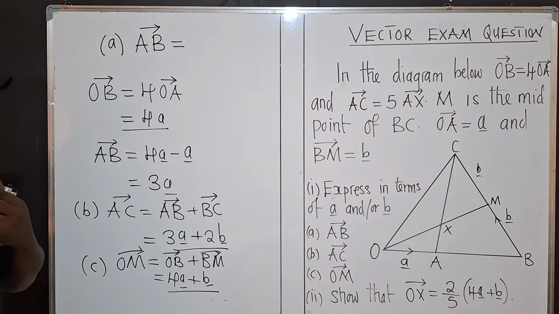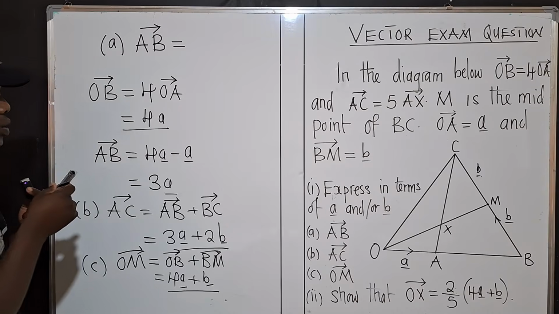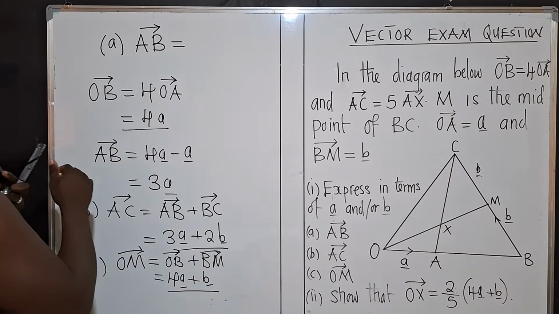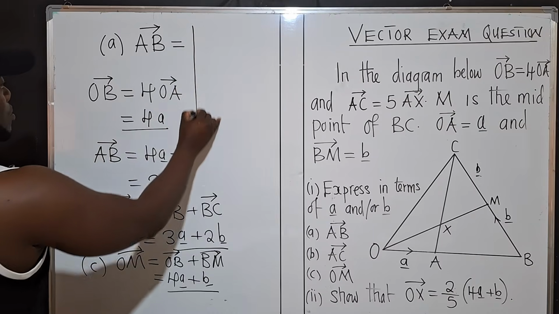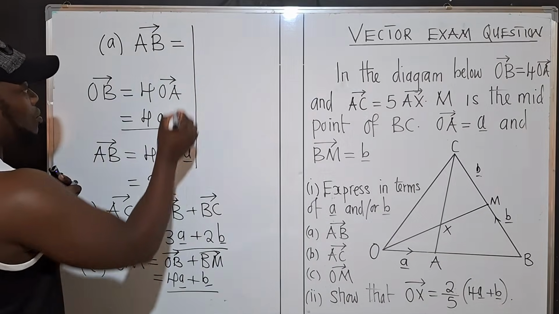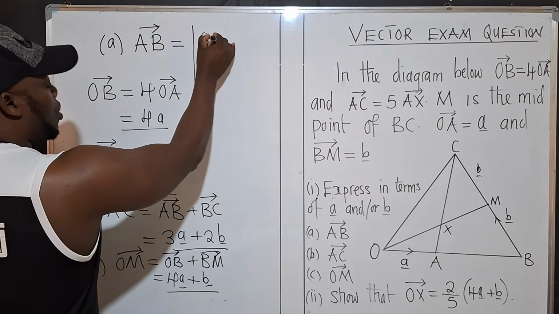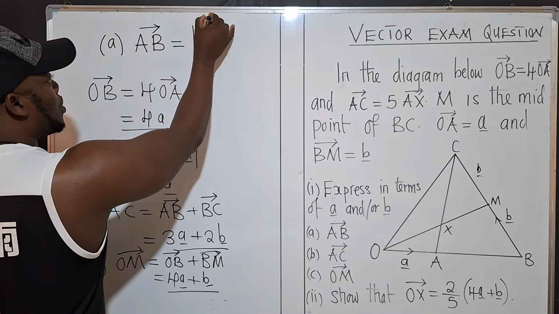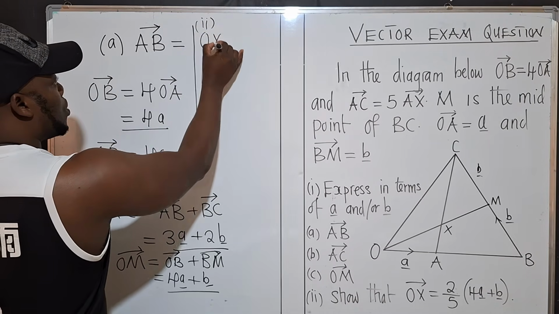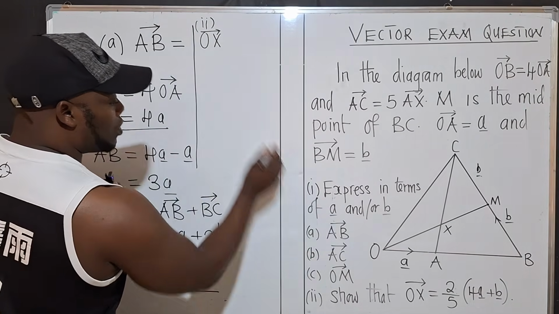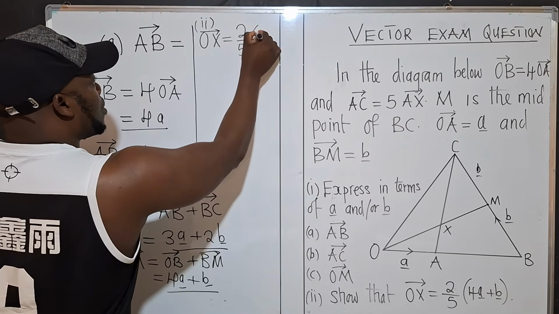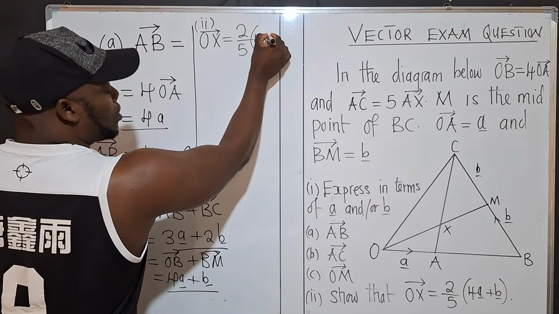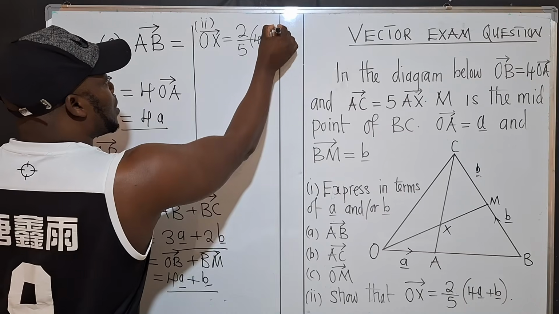We now go to question 2 where we need to show. Before I erase the board, let me make you understand something. We show that OX is equal to 2 over 5 (4a plus b).